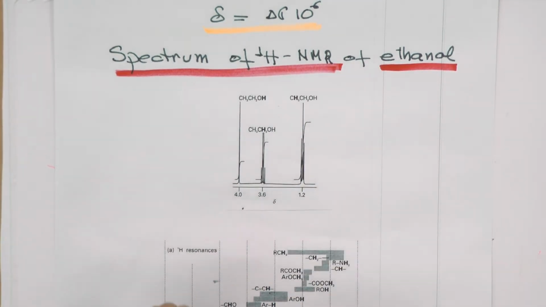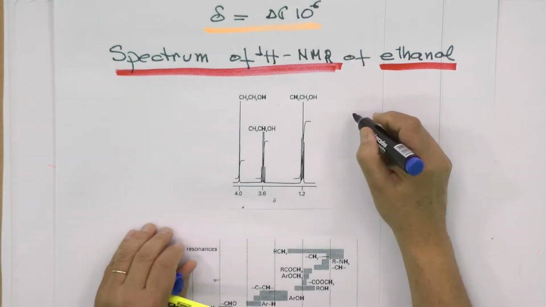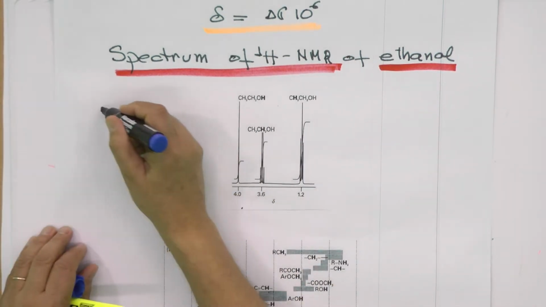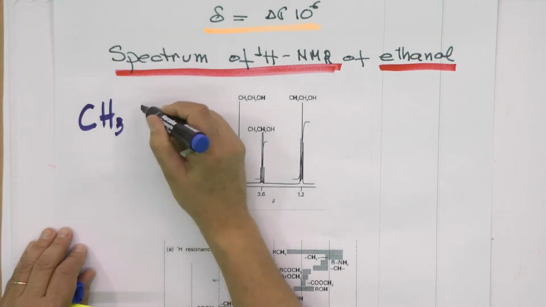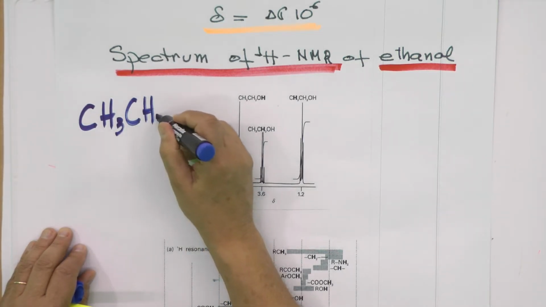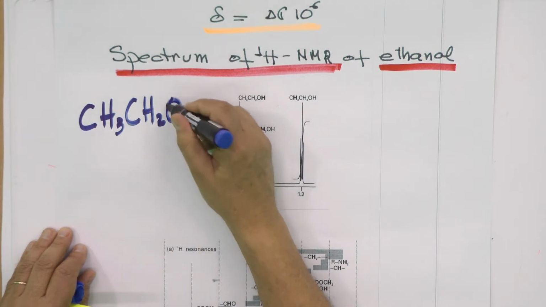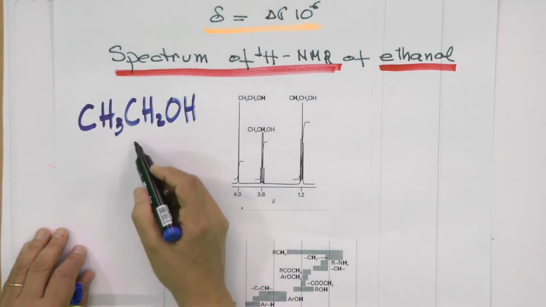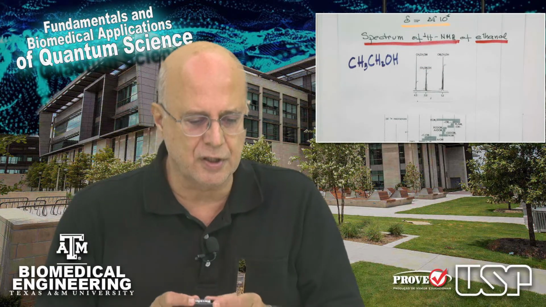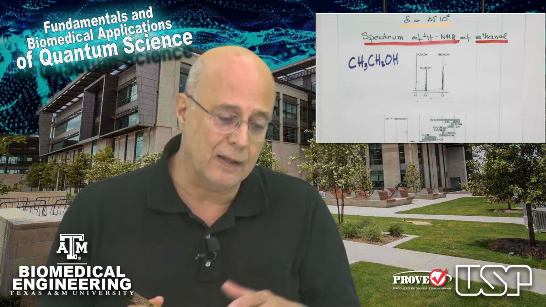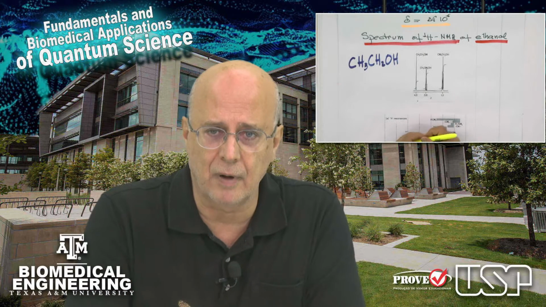Let me write the ethanol molecule here, so it will be better too. Ethanol is CH3, CH2, OH. And it has the two carbons and everything hanging around, the oxygen, the OH, and the hydrogen hanging around.